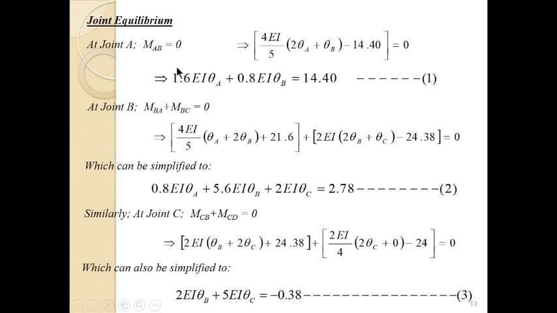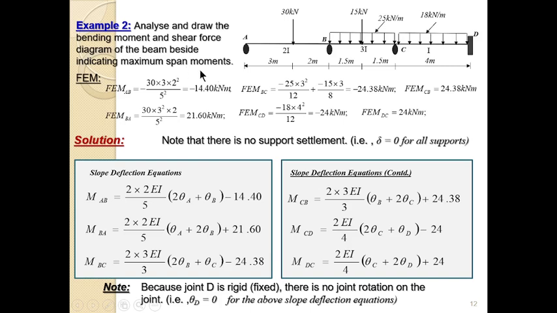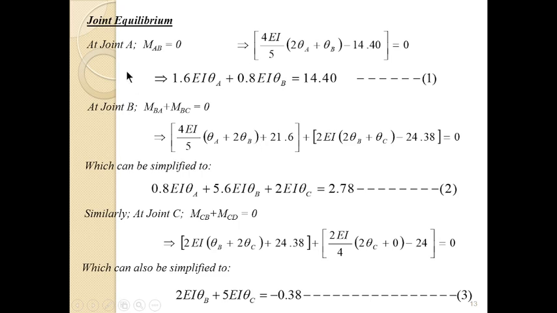So when you go there, you now do the joint equilibrium. Take note here that this is a simple support, and because it is a simple support, there is no moment. So moment at A is equal to 0. That means this MAB, that is the only moment at A, MAB equals 0. So that is the first joint equilibrium.